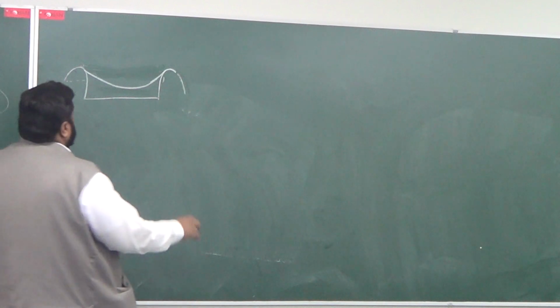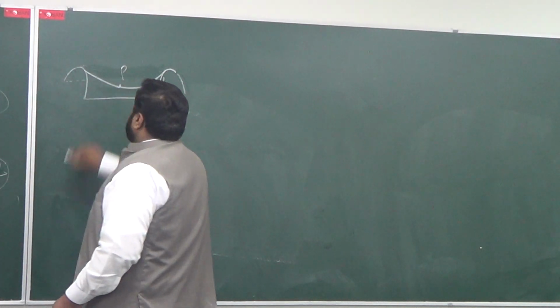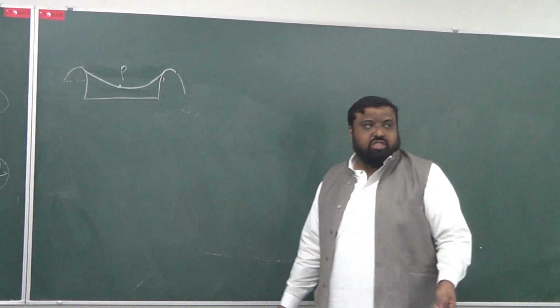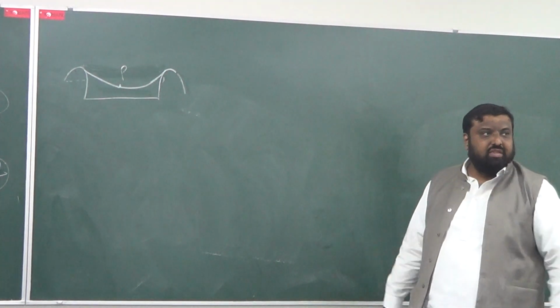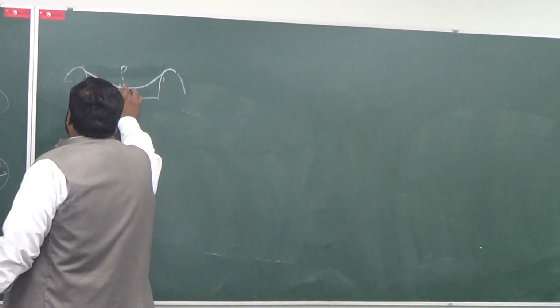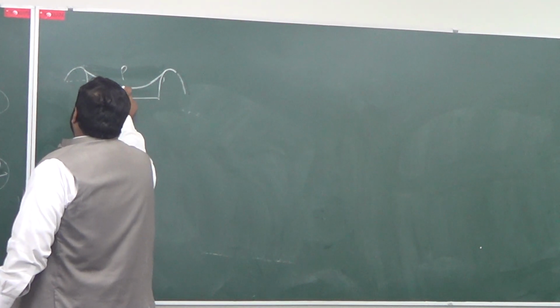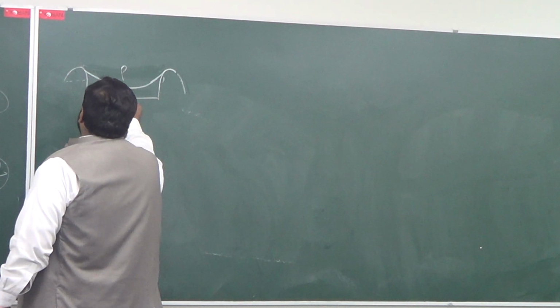Now take any point and draw a circle on this actually. Let's draw a circle on it. How is the circle going to look? Something like that.